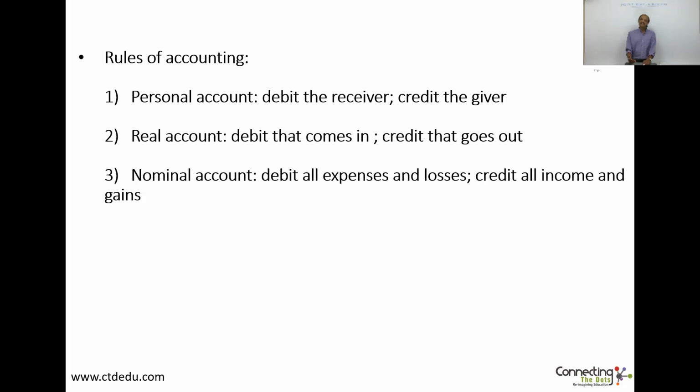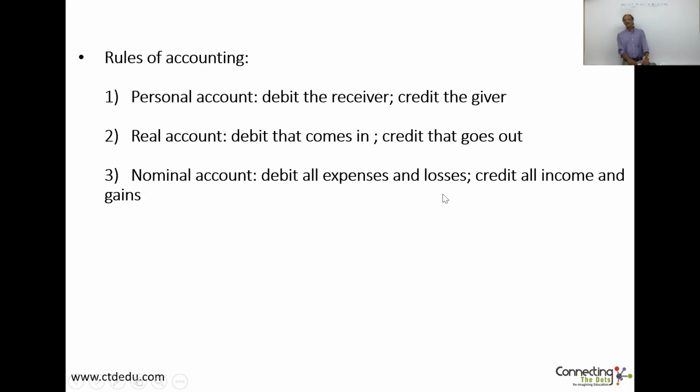The bank is receiving the money and you are paying into the bank. Ideally, the journal entry for this is bank account debit to cash account, because bank is receiving. Since cash is a real account, something that you can touch, feel, and see, credit that goes out. So bank account debit to the cash account.